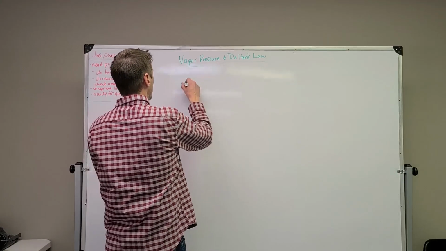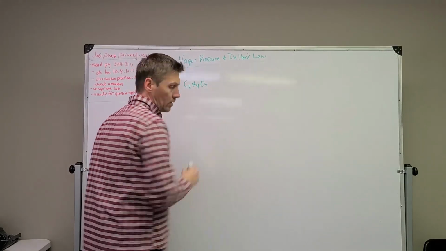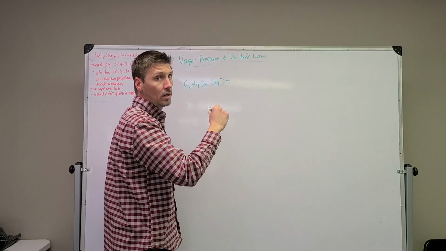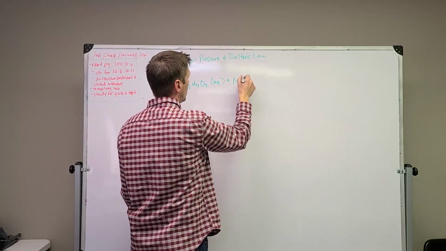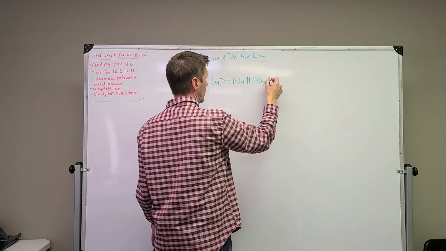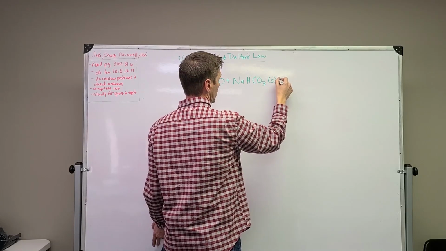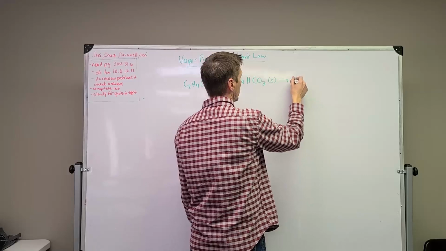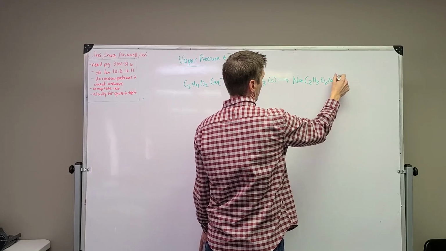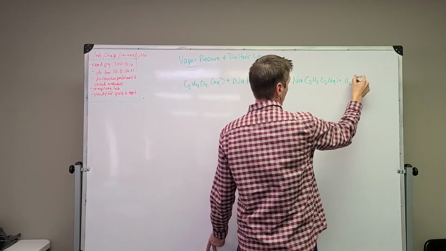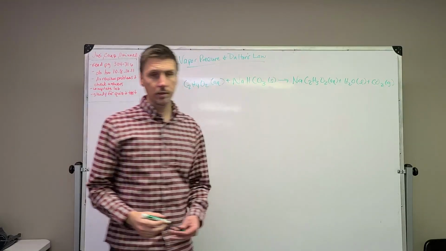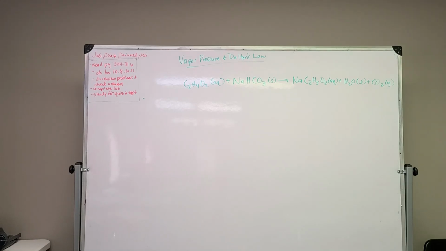And so it's C2H4O2 aqueous, plus NaHCO3, which is a solid, and that produces NaC2H3O2 aqueous, plus H2O liquid, and carbon dioxide gas. So that's the chemical equation that they gave us.